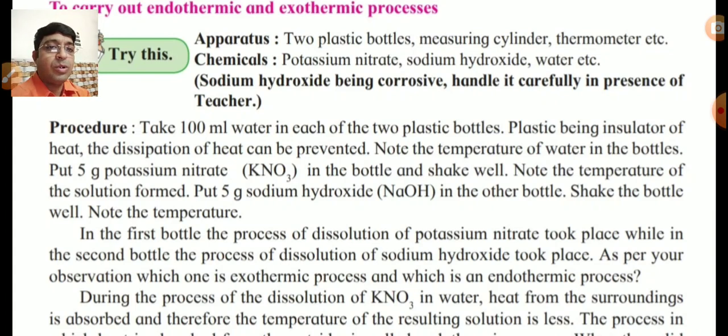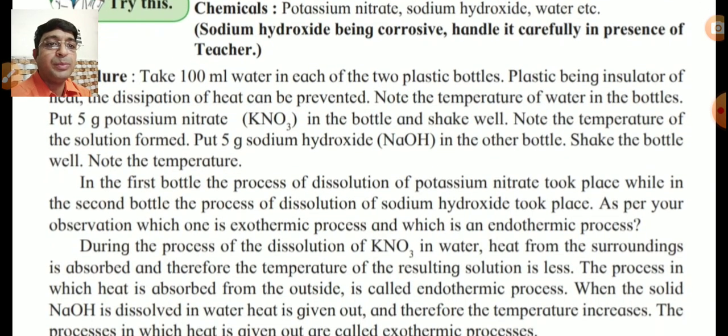In the first bottle, the process of dissolution of potassium nitrate took place, while in the second bottle, the process of dissolution of sodium hydroxide took place. As per your observation, which one is an exothermic process and which is an endothermic process?